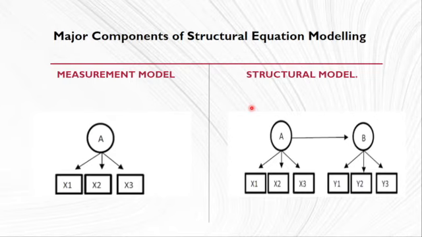Whereas SEM provides a way to find the relationship among latent variables and observed variables, taking the measurement error into account. So SEM can be thought of as path analysis using latent variables. You can see some path diagrams here.